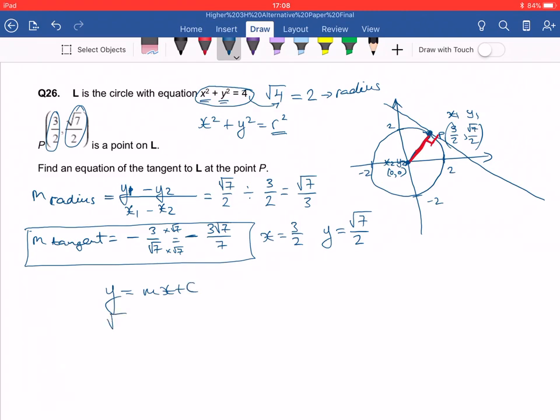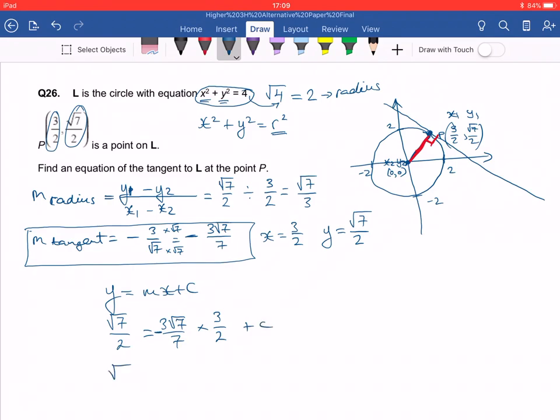Instead of y, I'm going to say root 7 over 2. Instead of m, I'm going to say minus 3 root 7 over 7. And instead of x, I'm going to say 3 over 2. Sorry, I forgot my minus there. And then I have to add c.